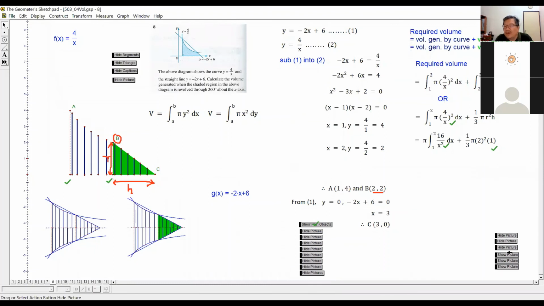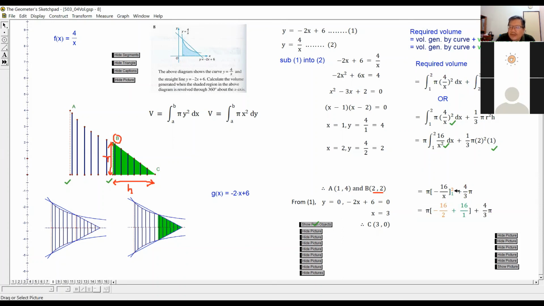Continue. Next. So integrate 16 over x squared is negative 16 over x, with the upper limit 2 and lower limit 1. And the volume of the cone, when you multiply out everything, is 4 over 3 pi. So this is the volume of the cone.